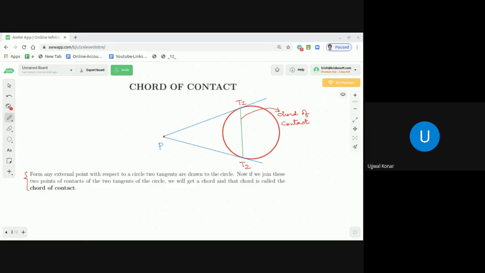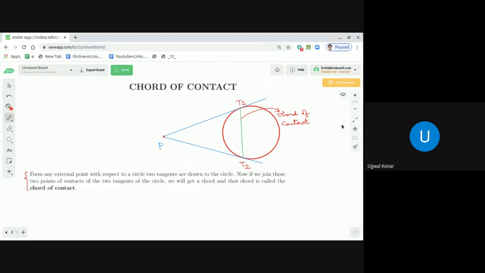Now, what are we going to discuss? We are going to discuss the equation of the chord of contact of a circle. How to find the equation of the chord of contact of a circle. Based on the definition I've given, let's quickly describe once more what is meant by this.